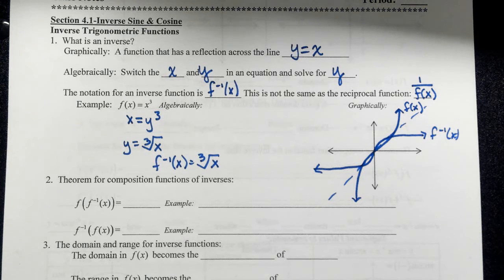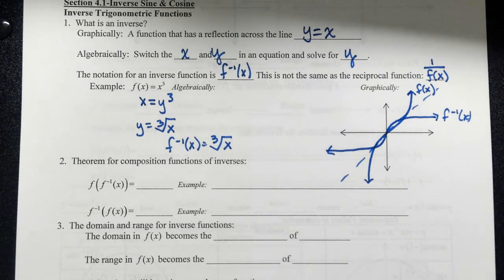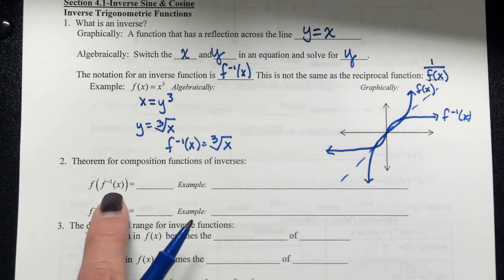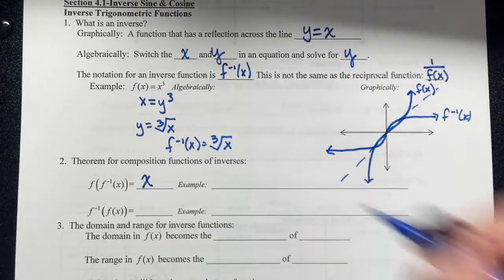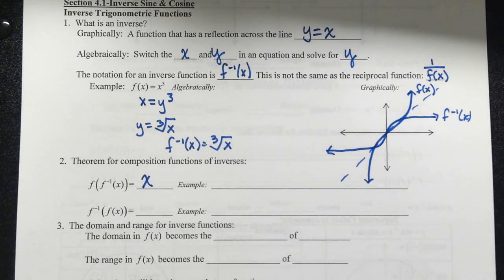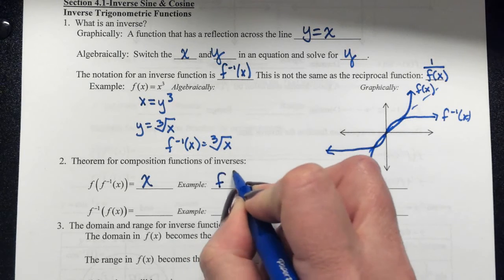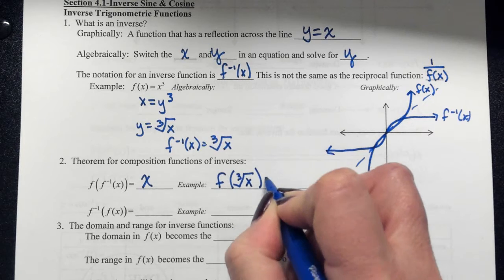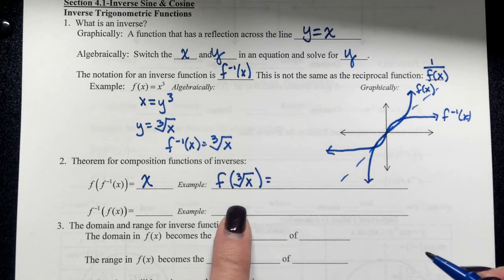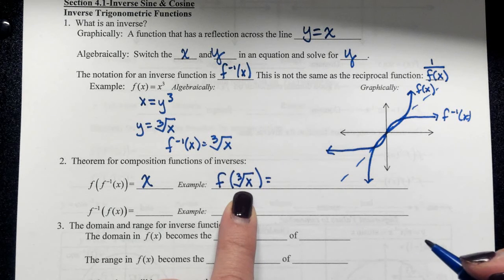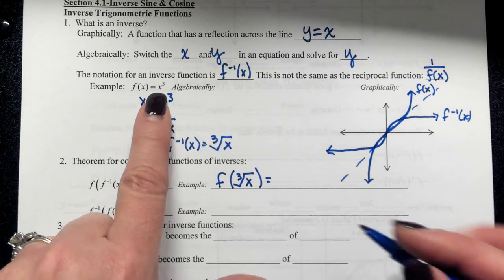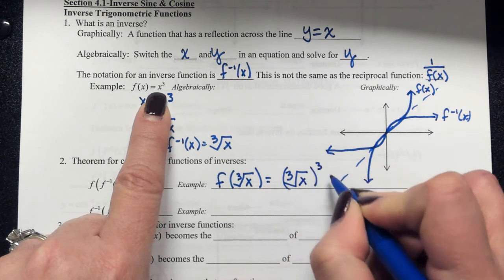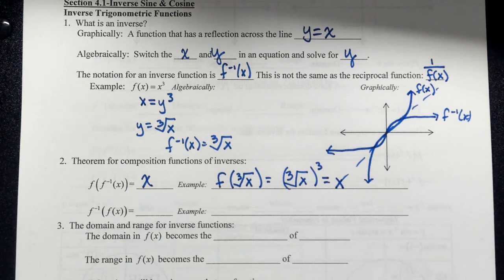And then you also learned last year a composition rule for functions and inverses. Remember, when you take a function and do a composition with its inverse, they will be equal to x. So in other words, if I take my cube root of x and I plug it into function f, so remember, by your input notation, if I take cube root of x and plug it into x to the third, that will give me that x.